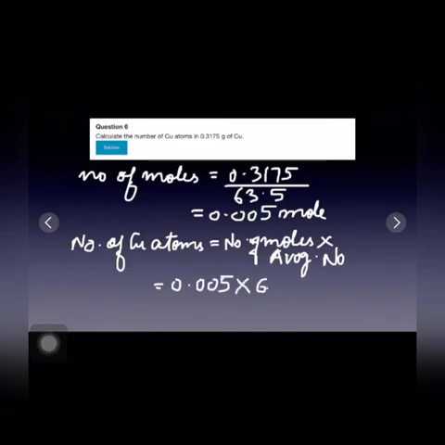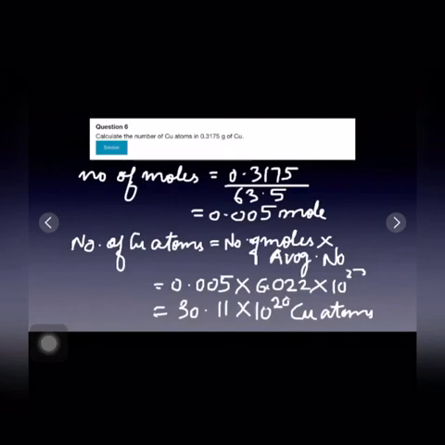Avogadro number we know is 6.022 into 10 raised to the power 23, and when we solve this we get 30.11 into 10 raised to the power 20 copper atoms. So this is the answer.